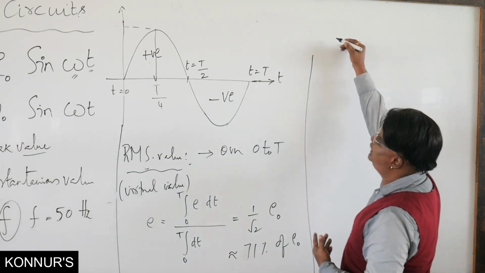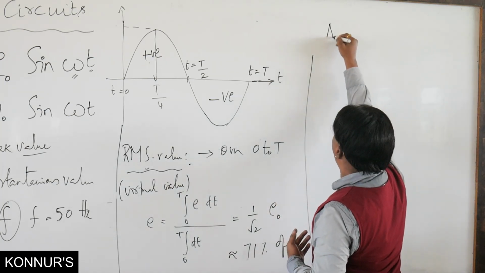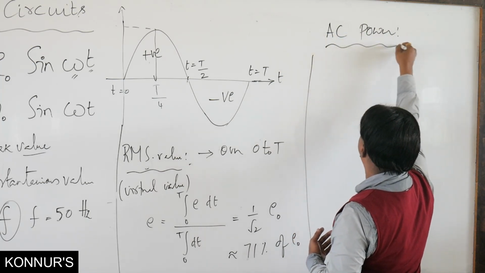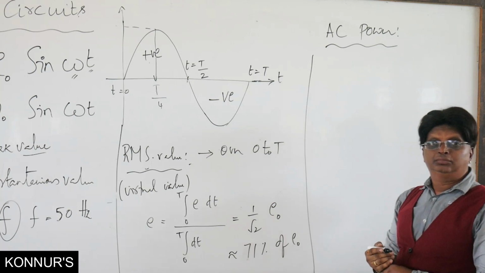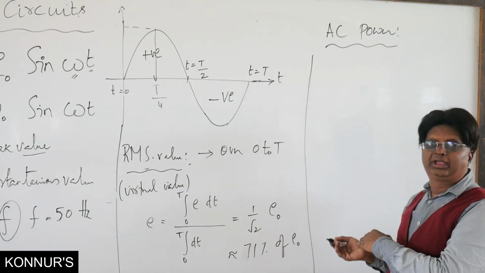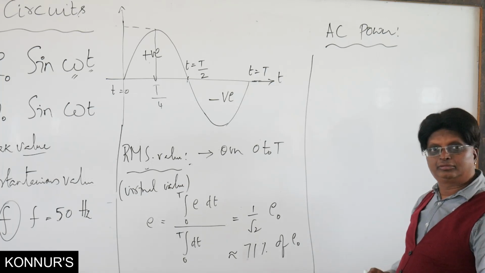Now, we are telling one more definition, AC power. Power in AC circuits, what is that? We will give the expression only; we don't get into details, not required for us, right?